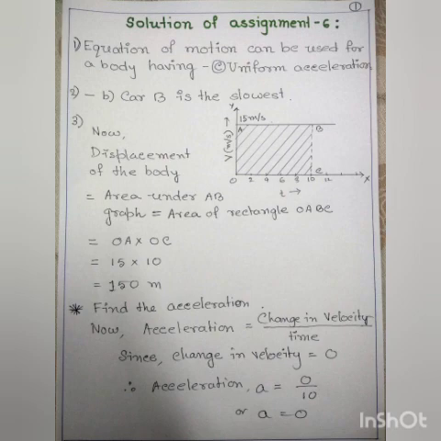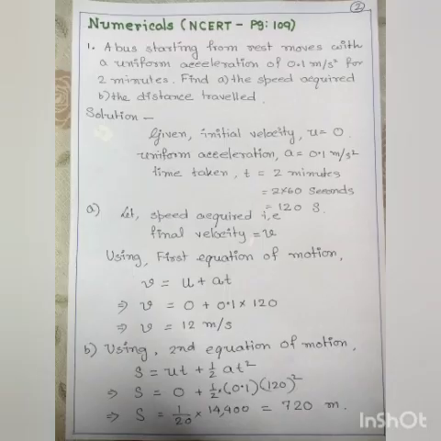From the graph we can see it is a constant velocity, means velocity is not changing here. Therefore, change in velocity is equal to 0. So acceleration a will be 0 by 10, that is 0. So, no acceleration.